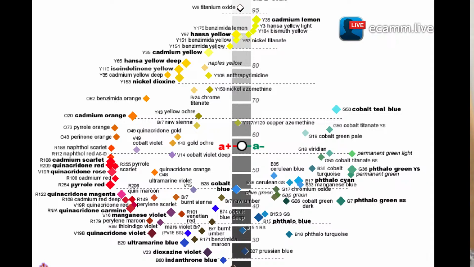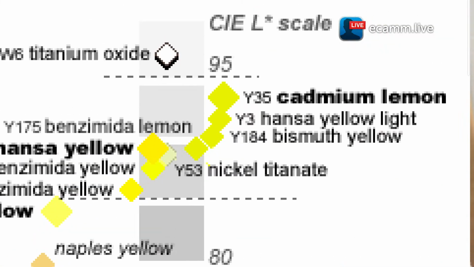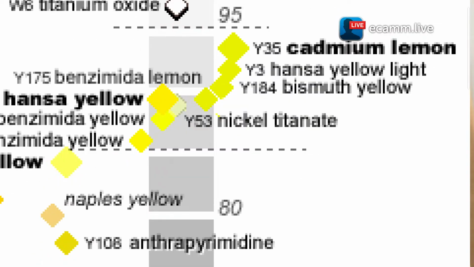The next thing I want to show you is that all the different pigments belong to a range of black and white. So if you take a black and white photo of your painting, if you painted something bright yellow, it belongs up here together with the pale grays, because yellow is a very pale color.